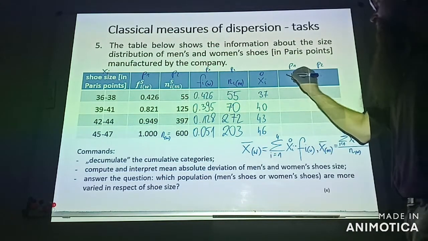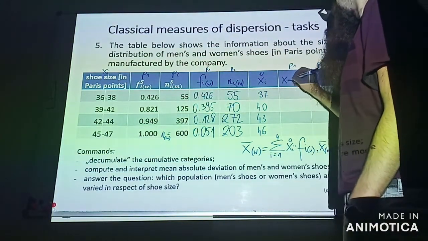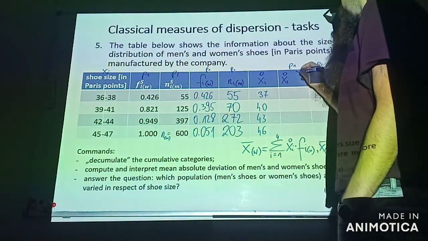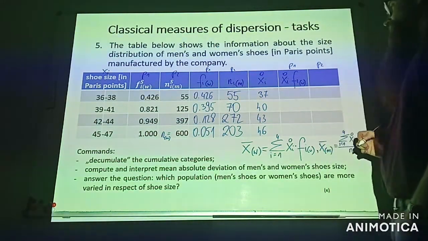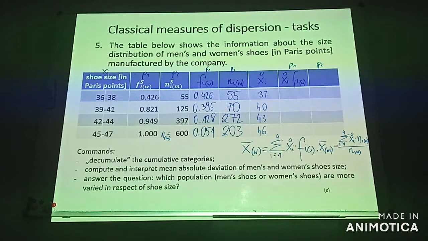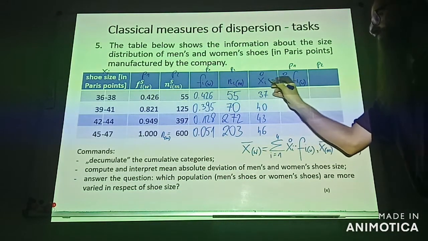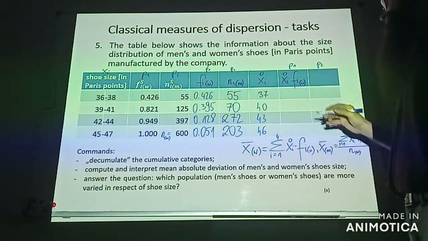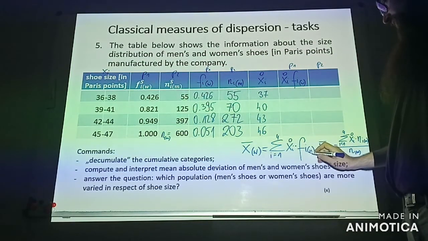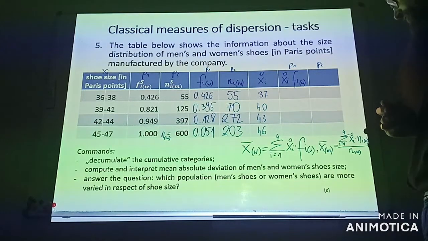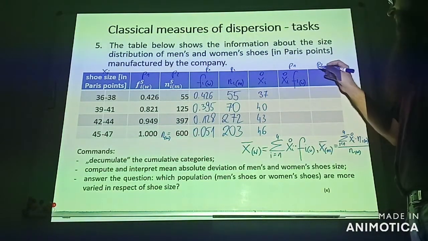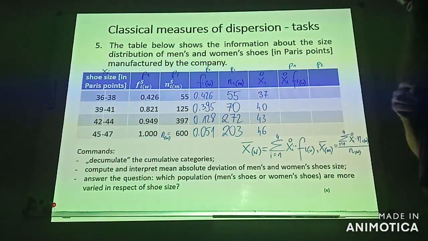Yeah? So here I'm going to multiply the middle of the classes and the relative frequencies connected with the women's data in order to compute average shoe size of women's shoes.